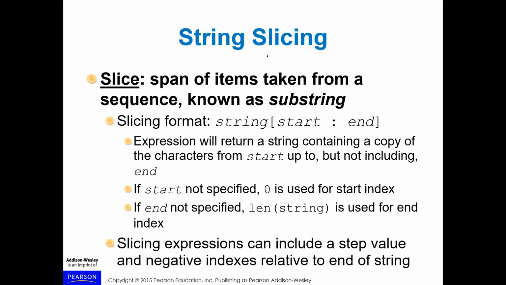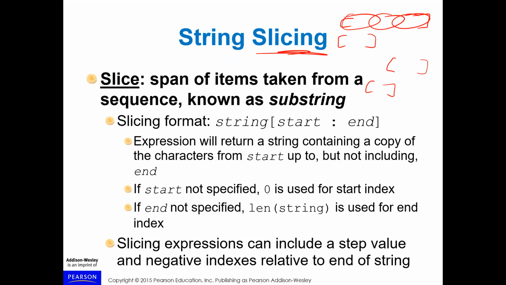String slicing. Slicing is a concept that allows us, given an array, let's say, to slice just a piece, slice one out at the end, or slice somewhere in the middle. It doesn't really matter, that's what the index positions are for.